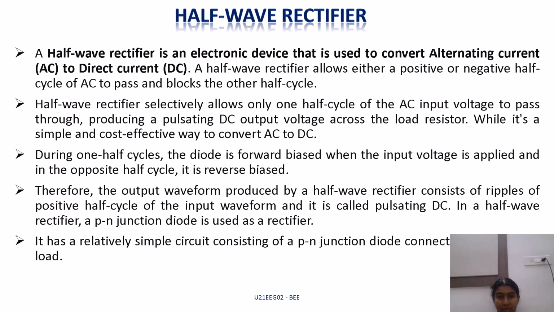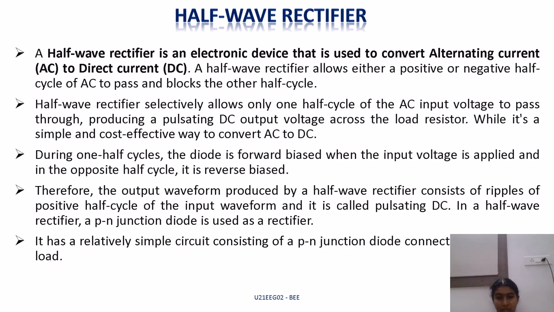So half wave rectifier is an electronic device that is used to convert alternating current into direct current, as we have said already. It allows either a positive or negative half cycle of AC to pass and blocks the other half cycle. So half wave rectifier selectively allows only one half cycle of the input voltage to pass through, which produces a pulsating DC across the load resistor.